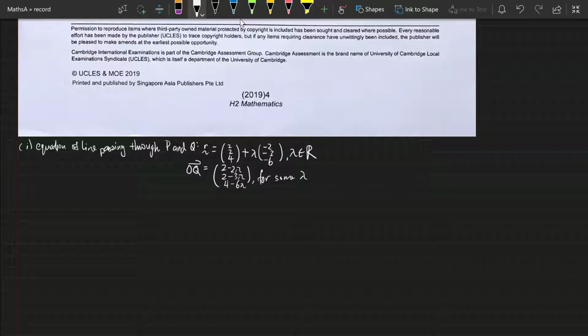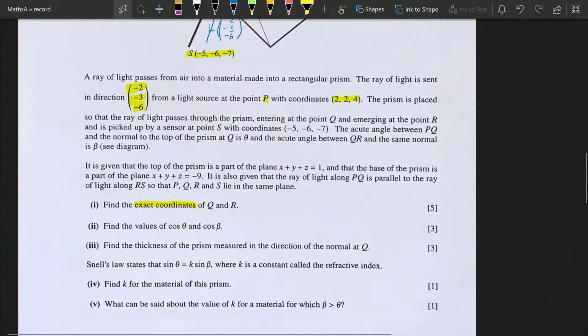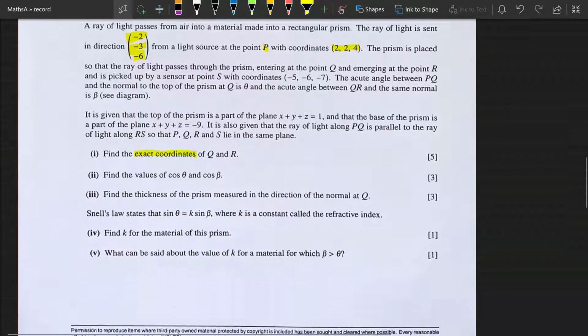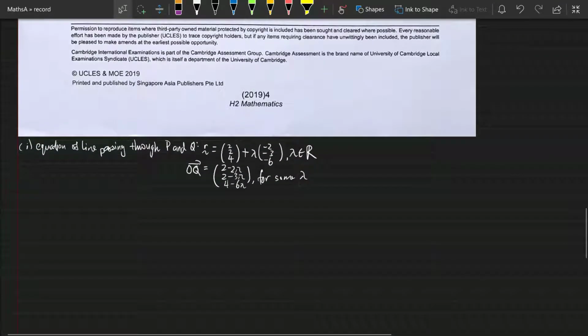So from the diagram, we already said Q is on this prism. So Q must satisfy this Cartesian equation. For the plane, by now at this stage of A levels, you shouldn't have problems converting the Cartesian into the vector normal form.